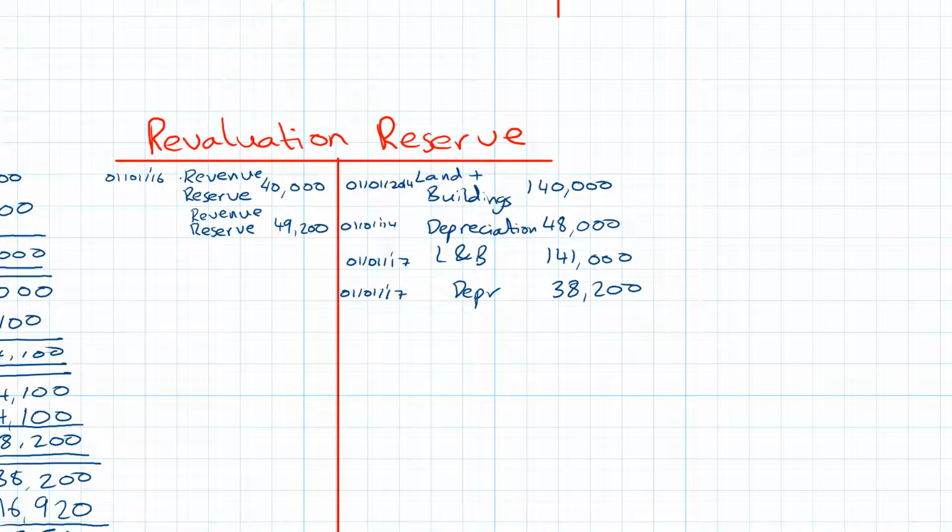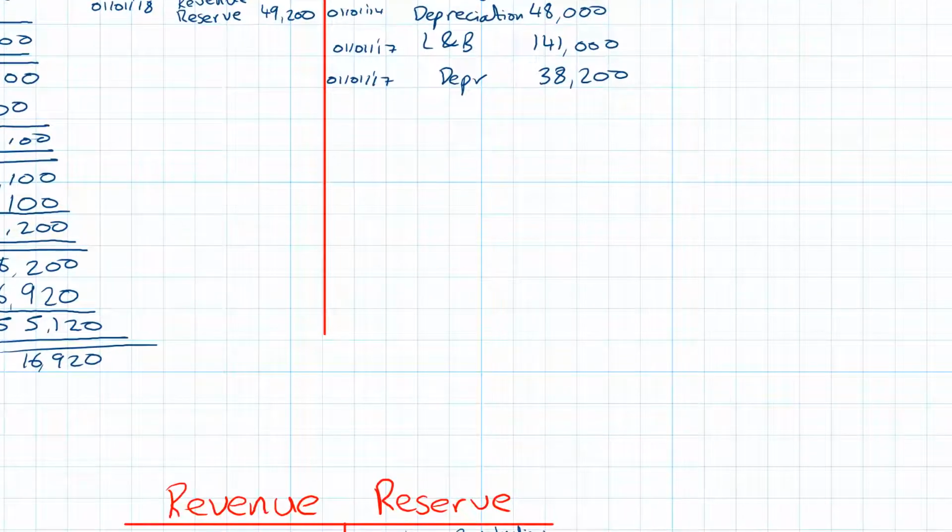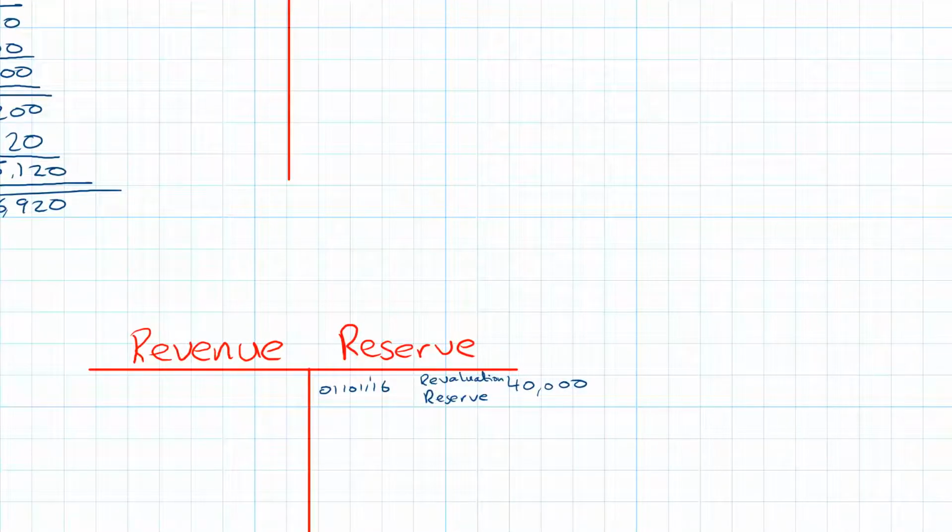So 49, the first 18, and the first 18, coming from revaluation reserve, and it is 49,200. Perfect.